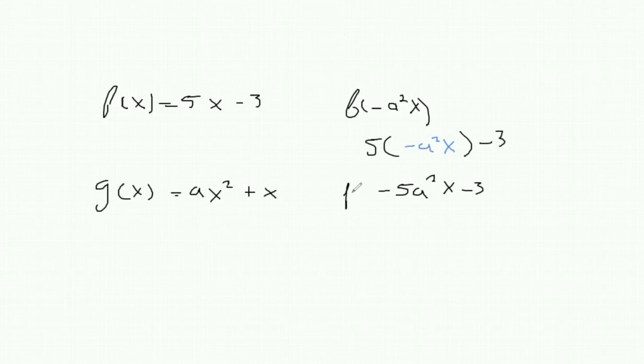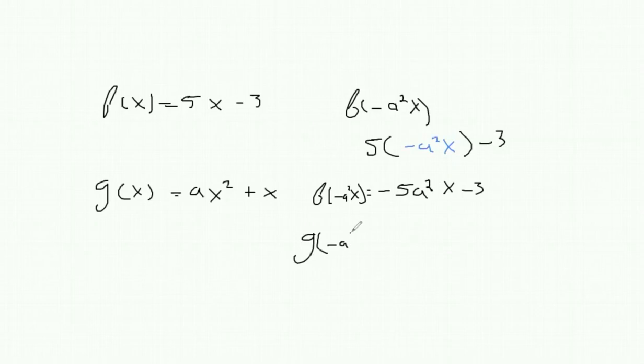So f of negative a squared x equals negative 5a squared x minus 3.